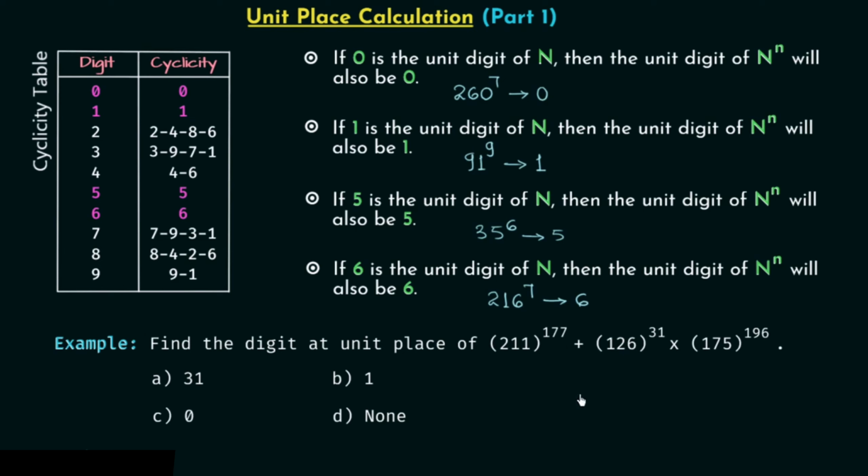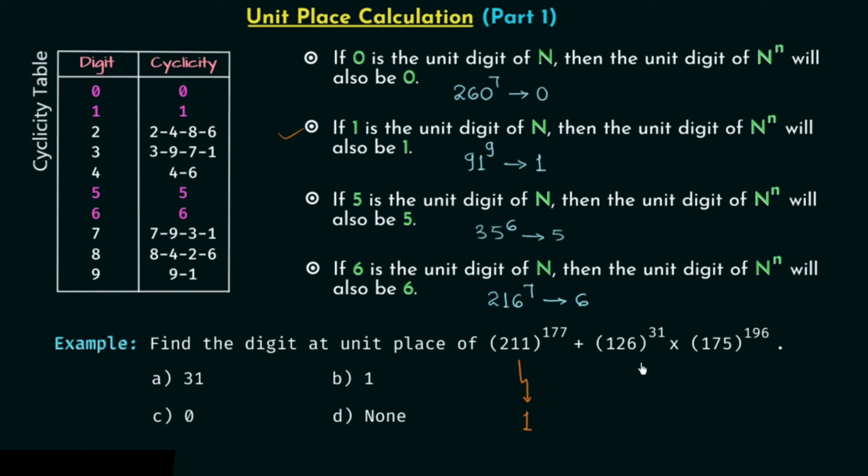So let us shift our focus on this 211, which is our number n, is having 1 at unit place, and therefore following this rule we will have 1 at the unit place of 211 raised to power 177. So from here we will have 1 at the unit place.